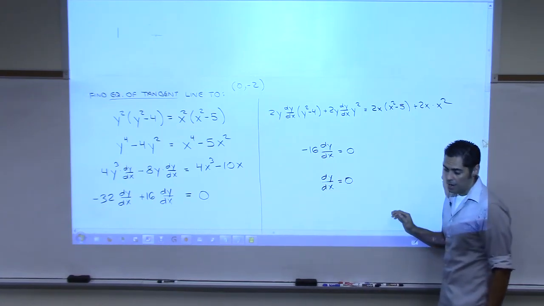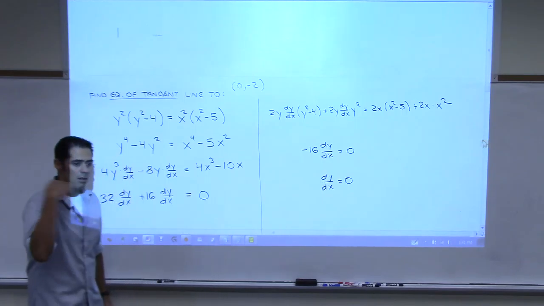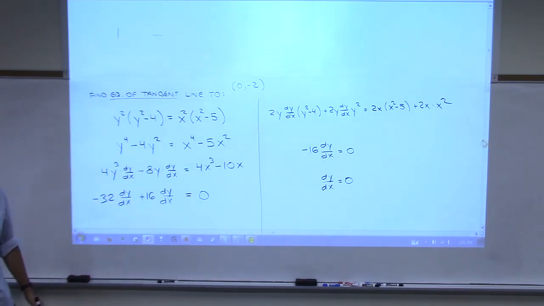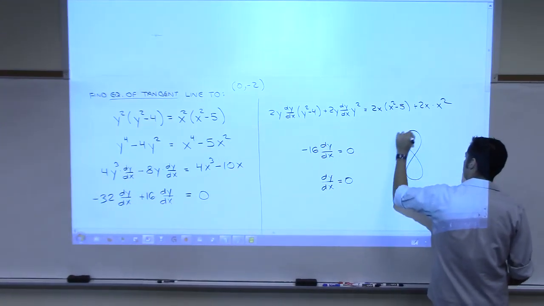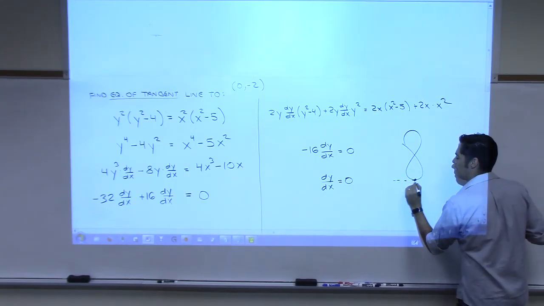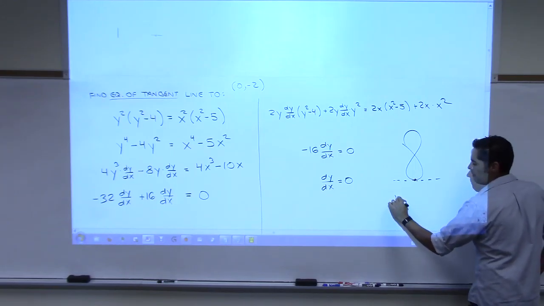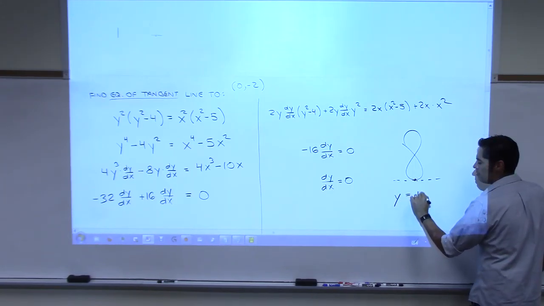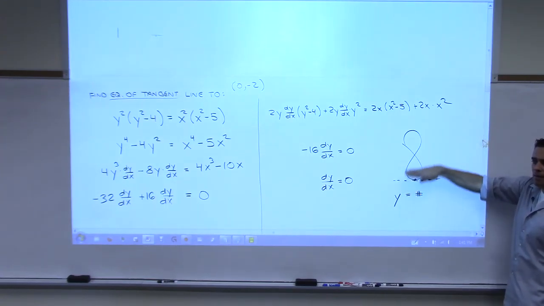Which means you should have a horizontal tangent line, right? The slope of your tangent line is 0. So what's the equation of that line then? If you draw the picture, it goes like this, right? The equation of a horizontal line is y equals a number, and we just need to know what the y value is for that line.